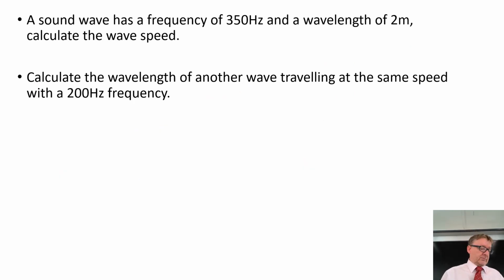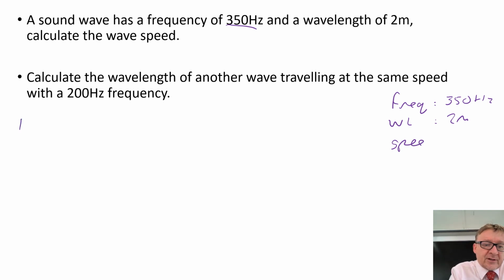Ooh, double one. Okay, a sound wave has a frequency of 350 hertz. I might have to write this a bit closer. Frequency of 350 hertz. And it has a wavelength of 2 meters. Calculate the speed. Okay, so I'm just going to do this number one first. So we've got frequency, wavelength, and speed.